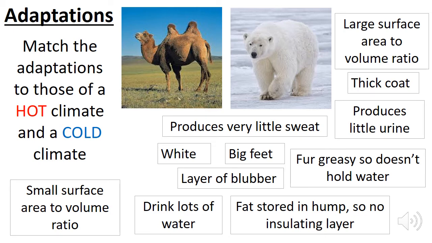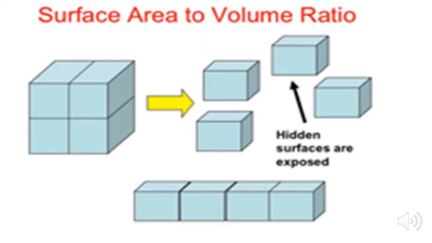But before we do that, we're going to look at some terms that you might not have come across before. And these are surface area to volume ratio. You'll notice here we've got a large surface area to volume ratio, and a small surface area to volume ratio. So what do the terms surface area and volume mean?